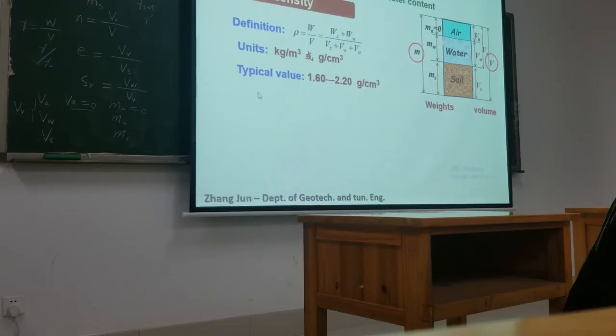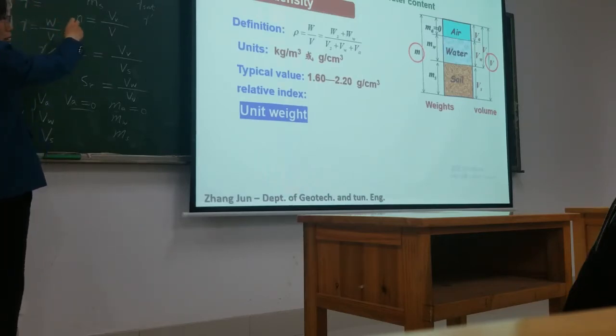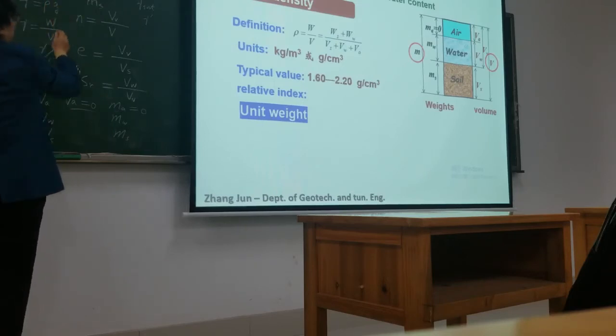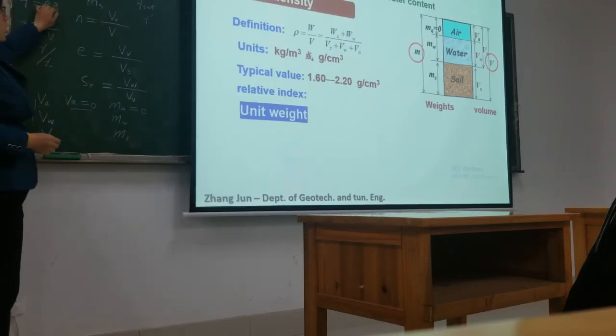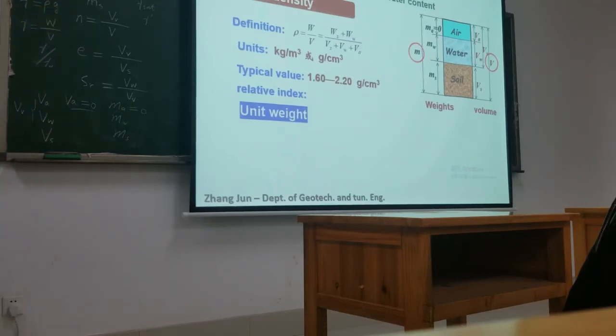And its typical value is 1.6 to 2.2. And unit weight relative to the density: unit weight equal density times g, gravitation. Okay, and its unit this.